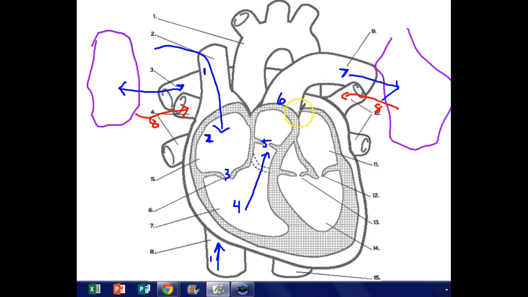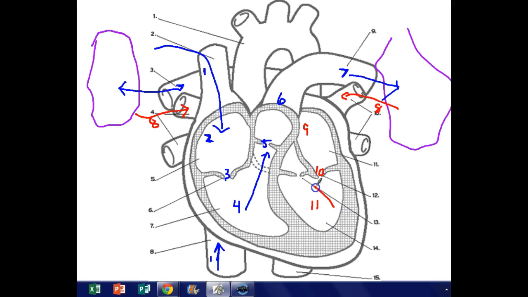So now that our blood has oxygen, now we've got oxygen-rich blood, it brings it to number 9, our chamber up here, which is our left atrium. It goes through our left AV valve, or our mitral valve, or our bicuspid valve, one of those names, into our pumping chamber, which is our left ventricle.